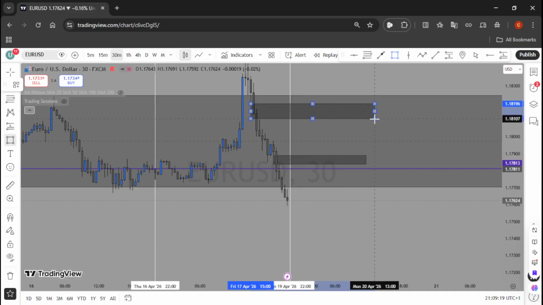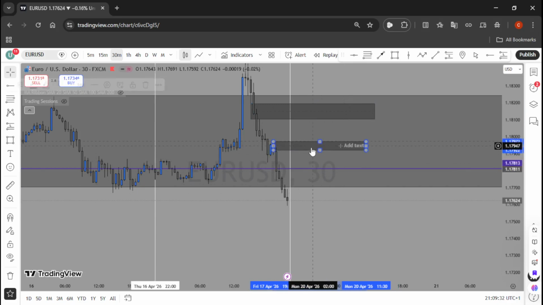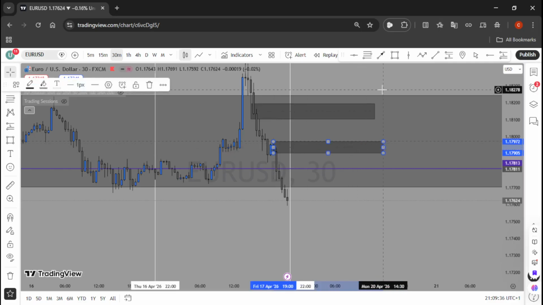So these are the areas that I would be looking at. Notwithstanding, I know this is the fair value gap, I need to look at the last candle before the impulsive move, which is this. So I'm anticipating price to retrace back into this area or this area and drop.